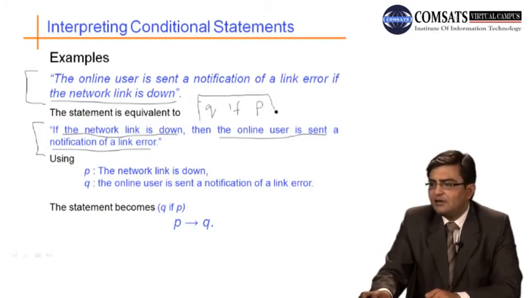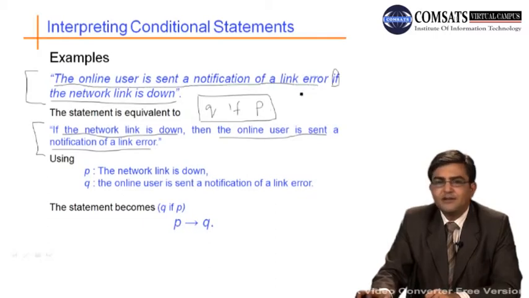If we have a statement of this form, Q if P, meaning the online user is sent a notification of a link error if the network link is down, the hypothesis is given at the end after if, and the conclusion is given at the start in this statement. So a statement like this is also a conditional statement, which is of the form Q if P. We can write it as if P then Q.